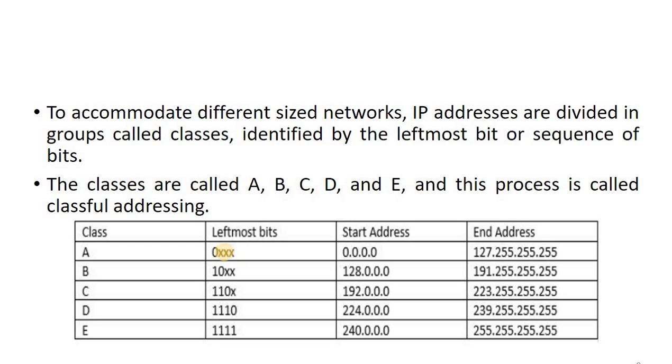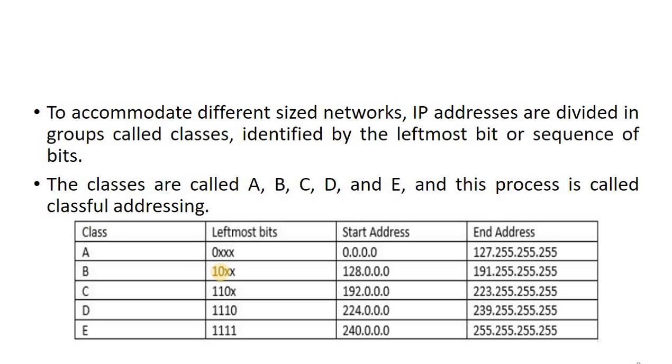So if, for example, we set all of the rest bits to 0, we will have the starting address of 0.0.0.0. And the end address for class A is 127.255.255.255, which is 0 and the rest all set to 1.